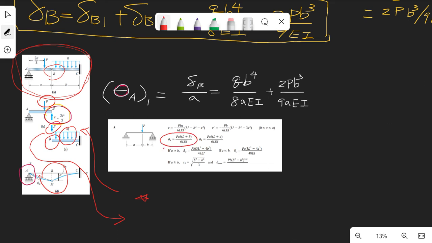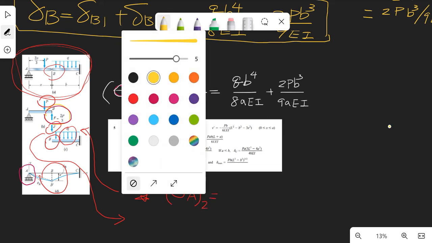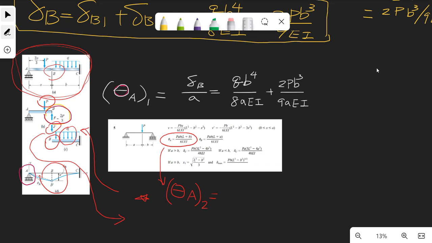So in this case, theta A, partition 2, is equal to, and you can very easily replace every item. P is the same P, and A in the real case is 2A divided by 3.